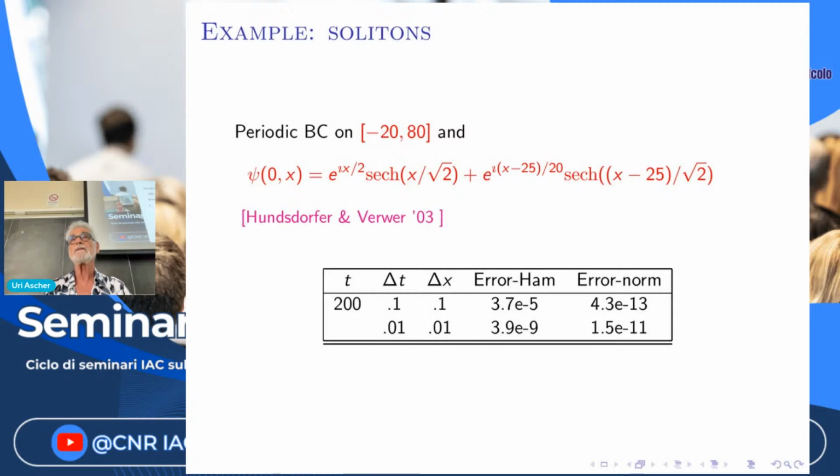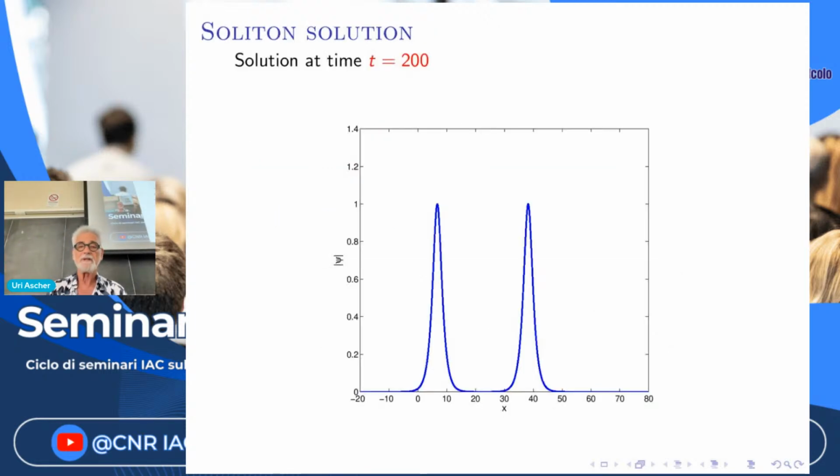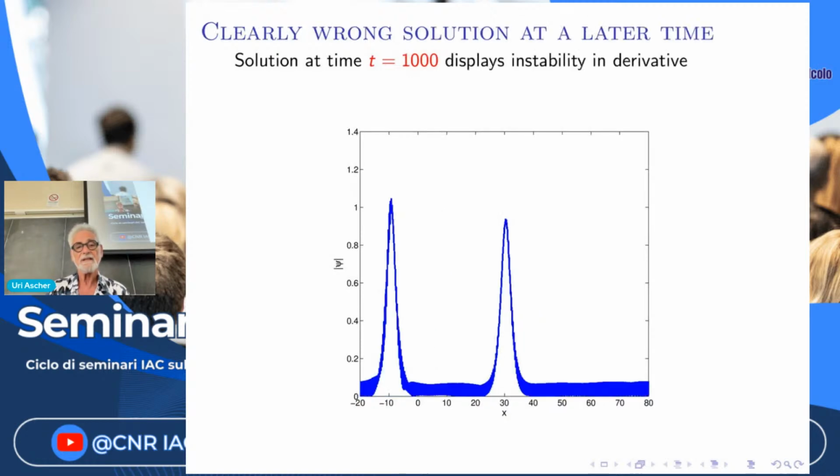So everything looked great. This is for t equal 200. So for delta t 0.01, you're talking already about 10,000 steps. Yeah? But if you now take even more steps, so that's the good guy, soliton again. But at t equal 1,000, suddenly once again, something goes wrong.